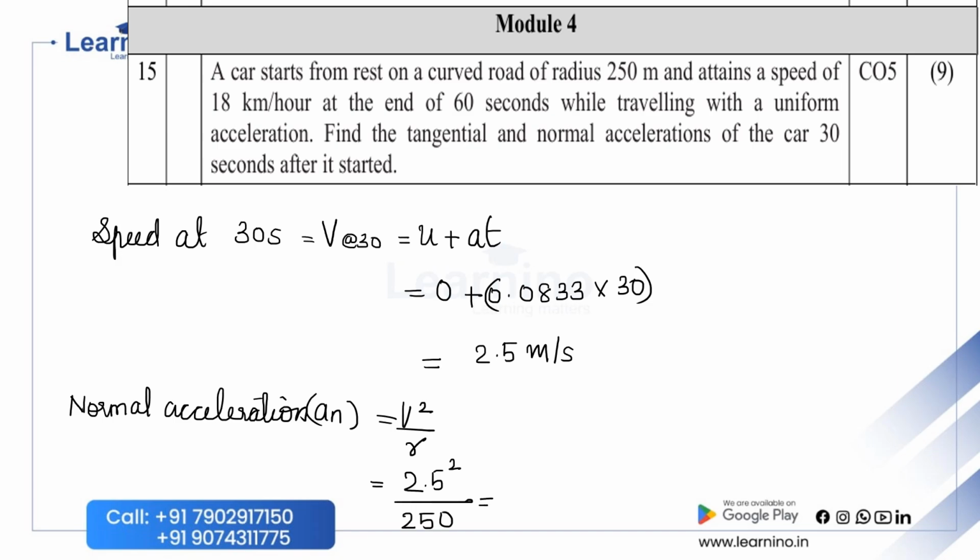So 2.5 square is 6.25, and 6.25 divided by 250, I am getting 0.025 meter per second square. So the tangential acceleration is 0.0833 meter per second square and the normal acceleration is 0.025 meter per second square.